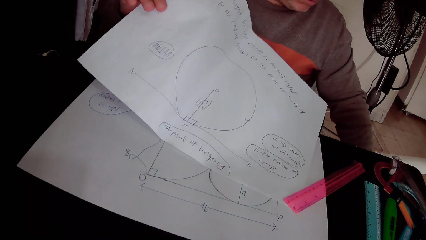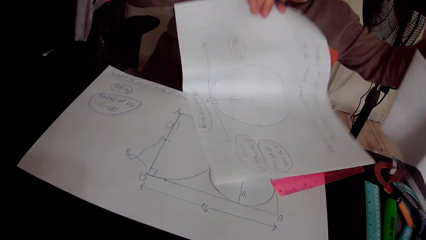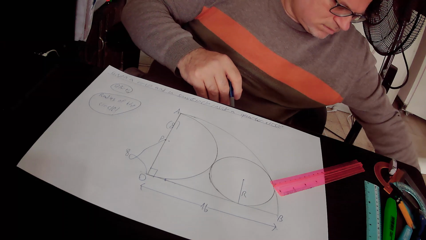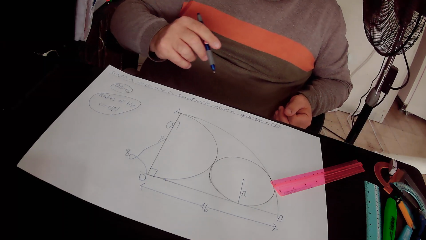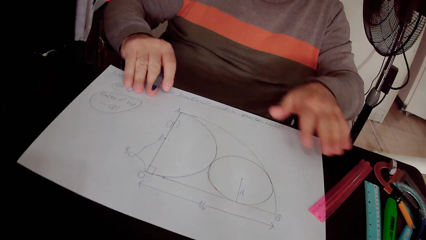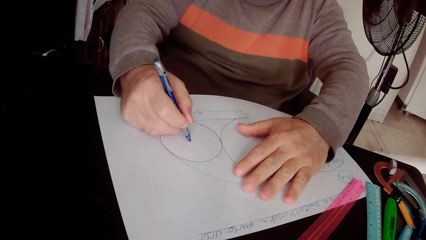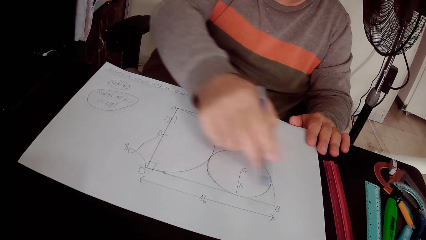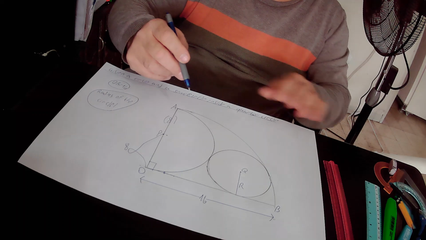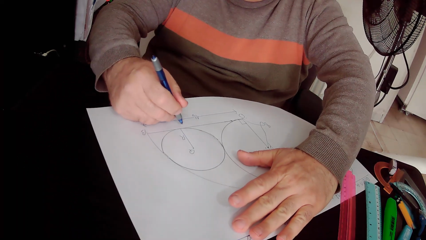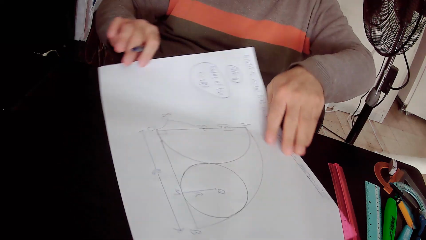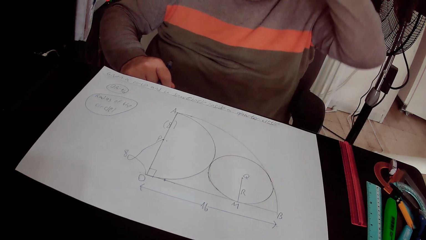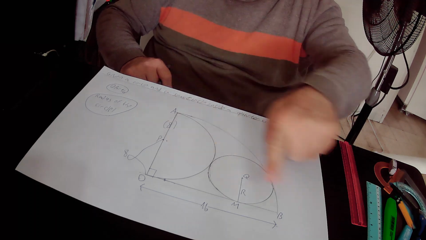We can implement rule 1 in our drawing. Before that, we define the center of this small circle, this point, as Q. And we define the point of tangency of tangent OB with this small circle, this point, as point M. So we have the radius QM of this small circle, equal to R, drawn to point M, the point of tangency of tangent OB with this small circle.